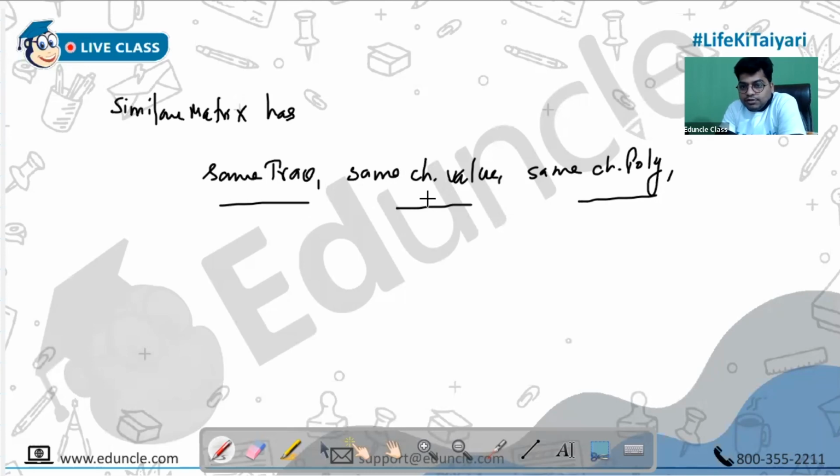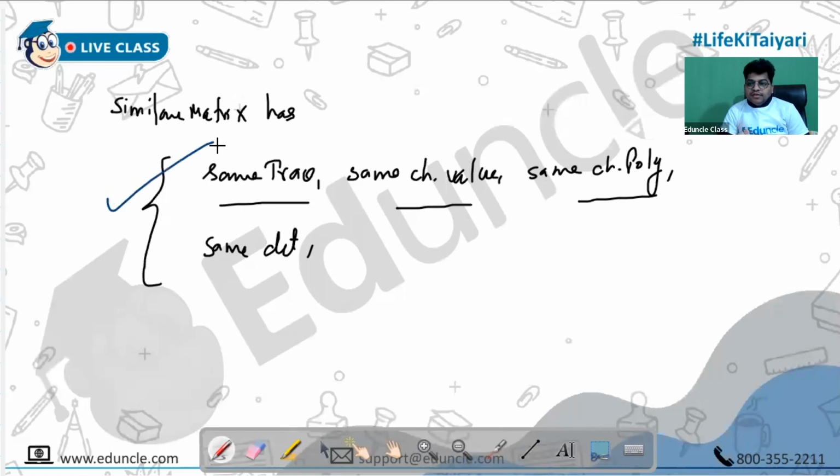Same determinant. Is it clear? These are the points which we have discussed earlier.